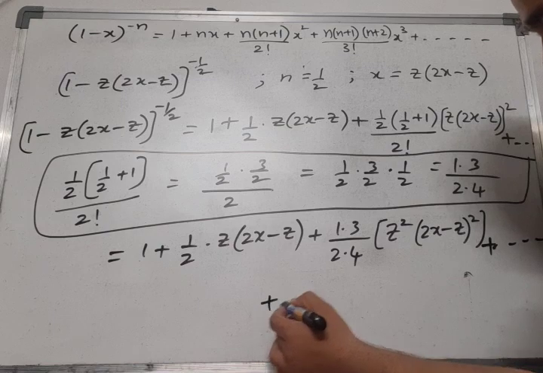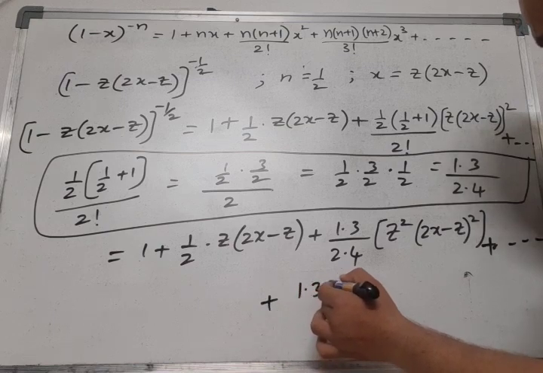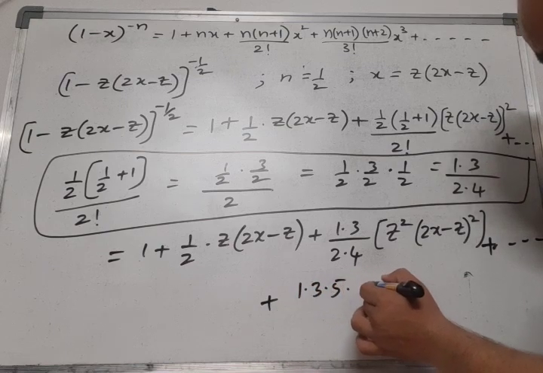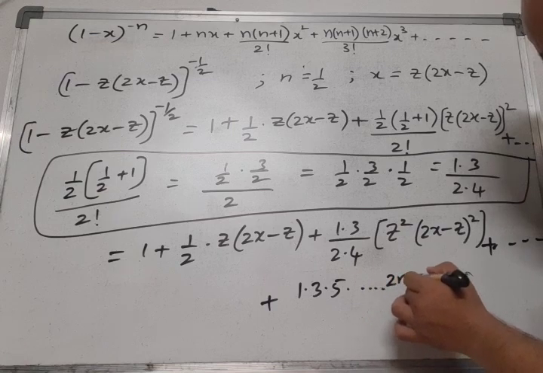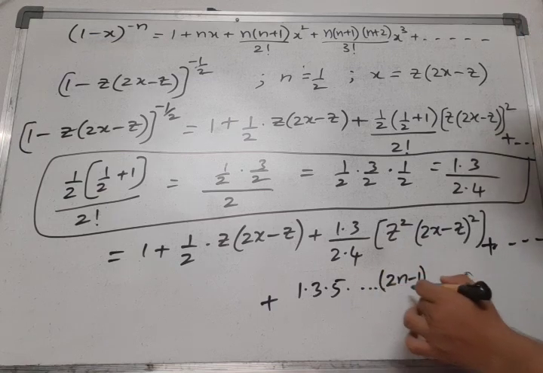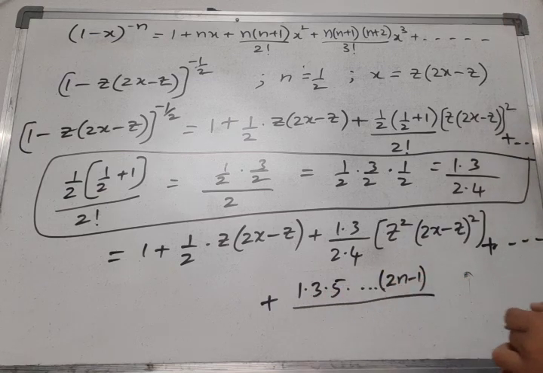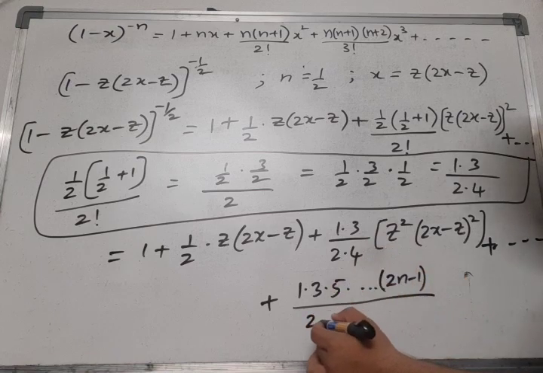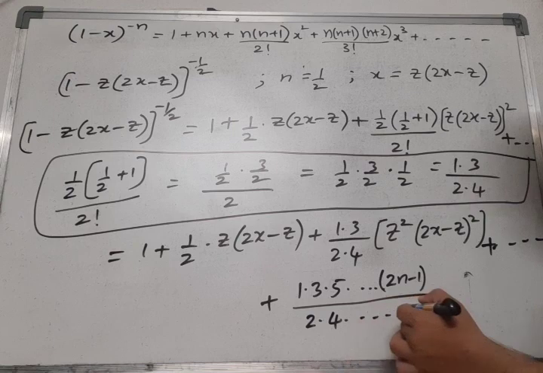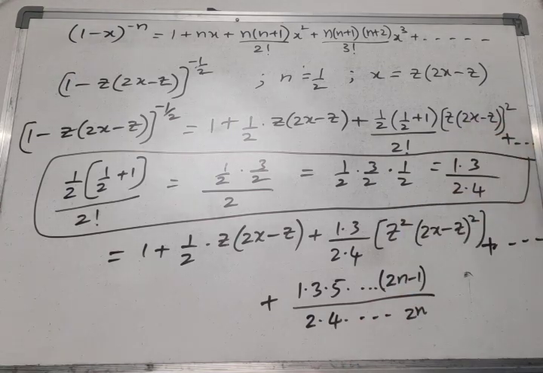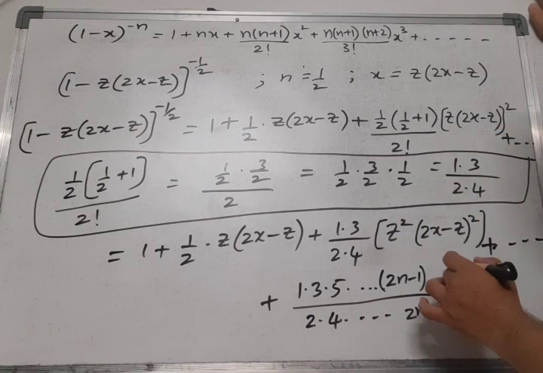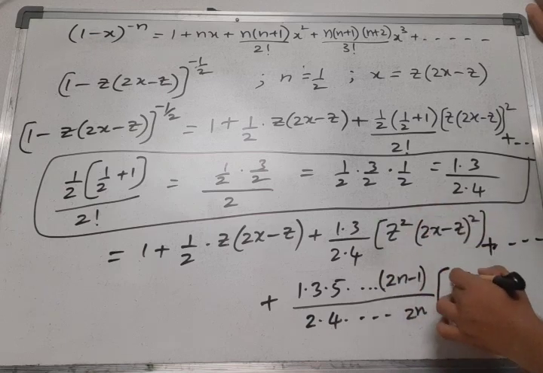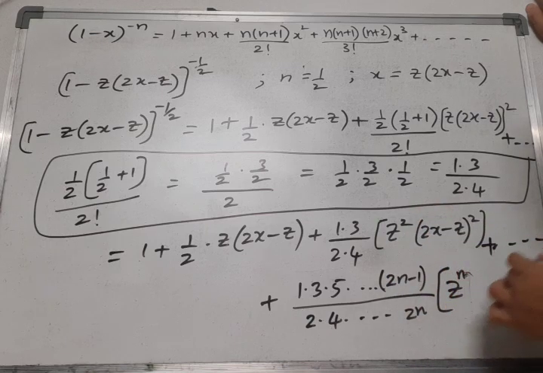So I will write the nth term like this: 1 into 3 into 5 into so on up to (2n minus 1) in the numerator. In the denominator, 2 into 4 into all even numbers up to 2n, into z power n and (2x minus z) whole to the power of n.